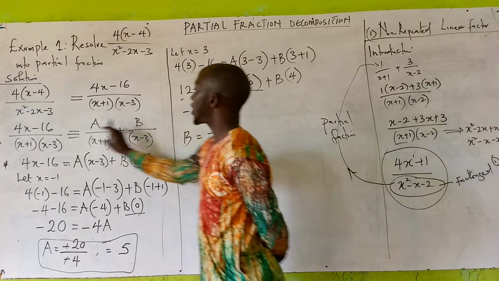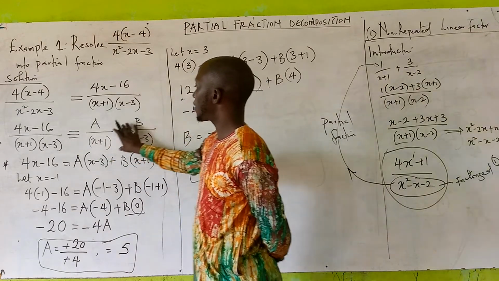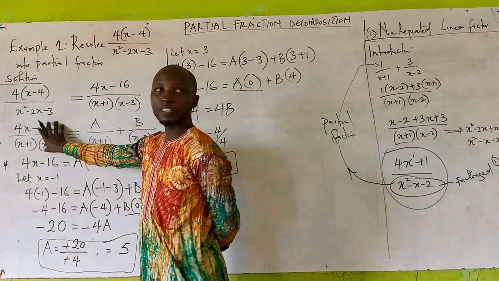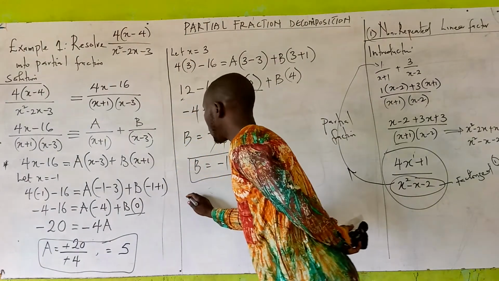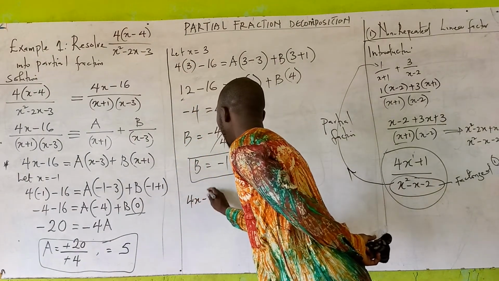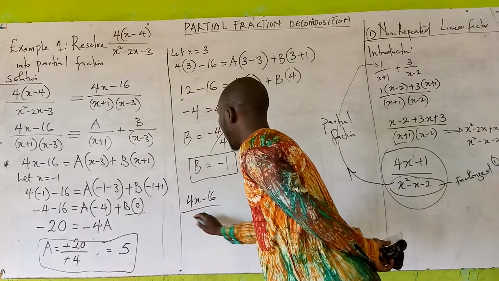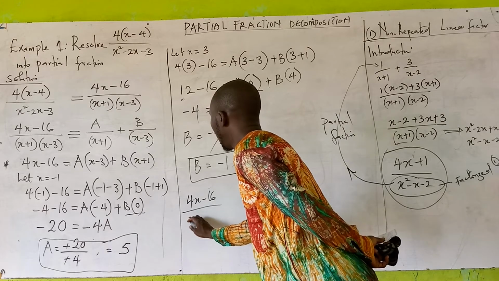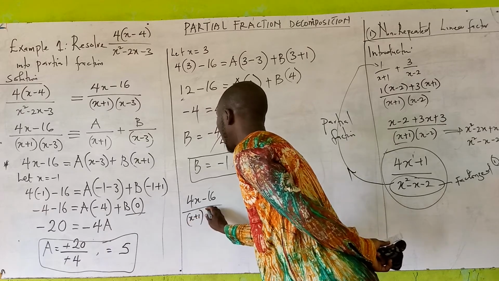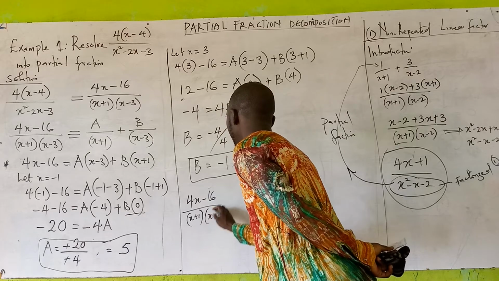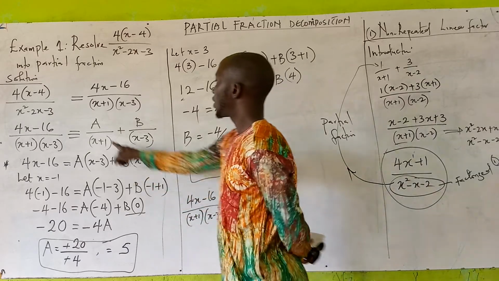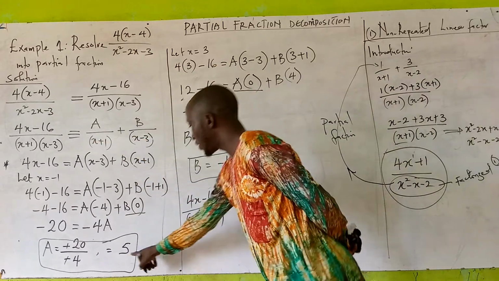Now we'll come back to this partial breakdown of this single fraction. So we're going to have 4x minus 16 divided by x plus 1 into brackets x minus 3 equals a, and our a now is 5.